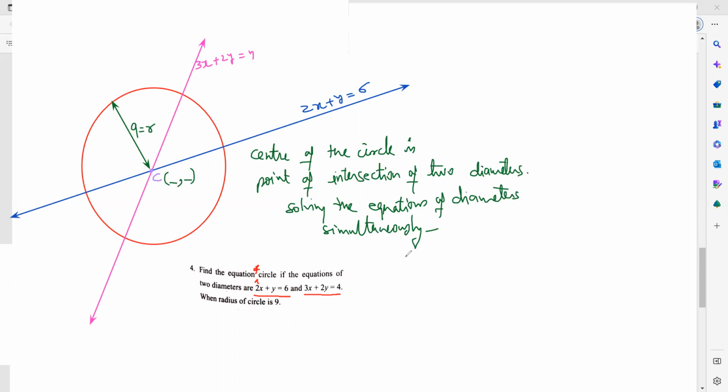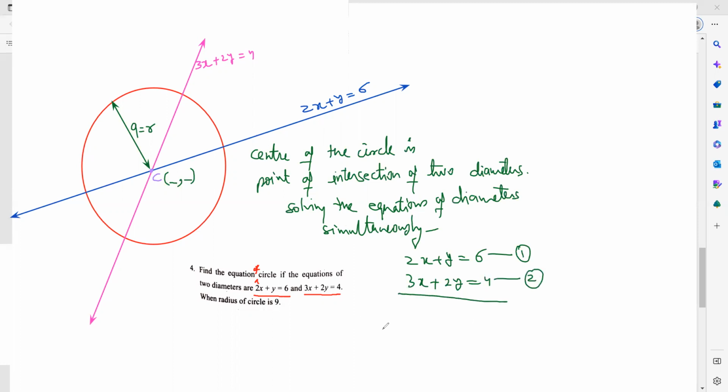That is 2x plus y equal to 6 and 3x plus 2y equal to 4. Solve these two equations simultaneously. You will get the values of x and y.